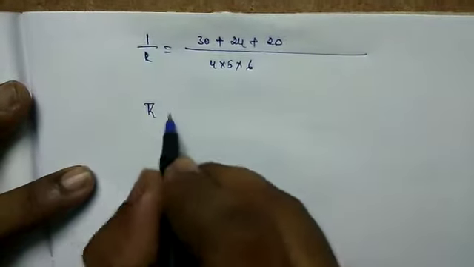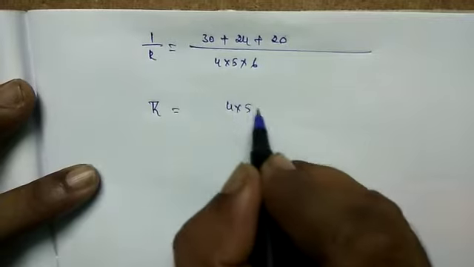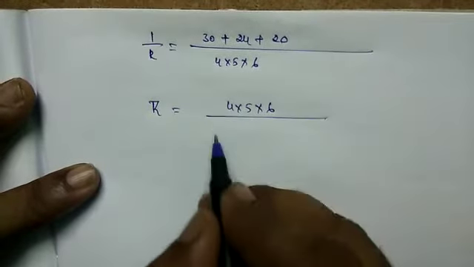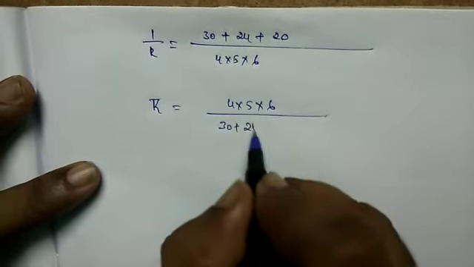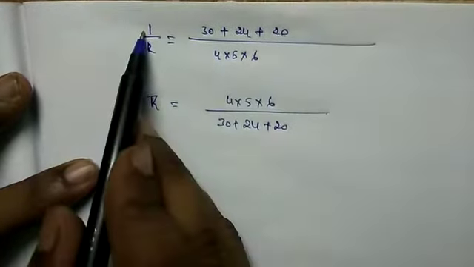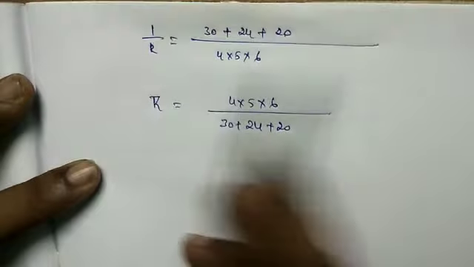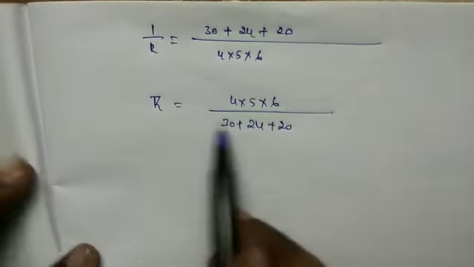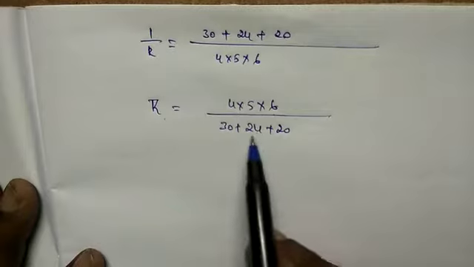Because of the reciprocal, R is equal to 4 into 5 into 6 by 30 plus 24 plus 20.